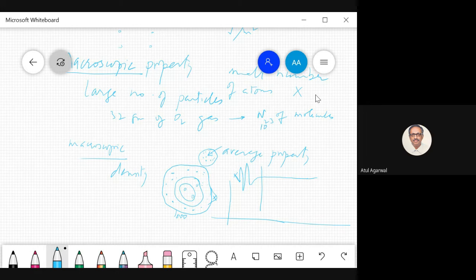So here you have an asymptotic value of density. This is your density. This is your number of particles in the ball. So here you can define it as a macroscopic property.